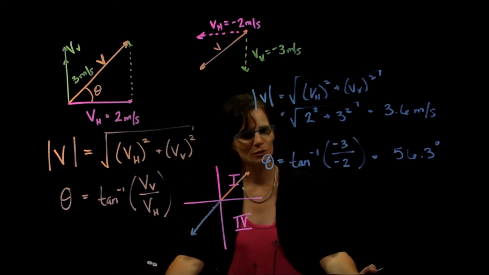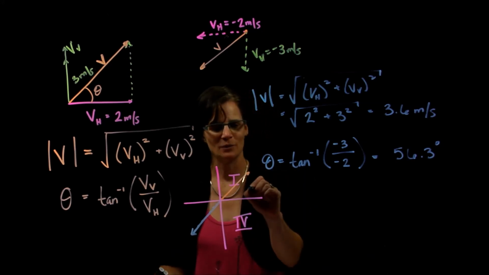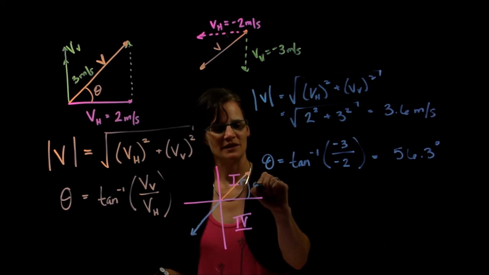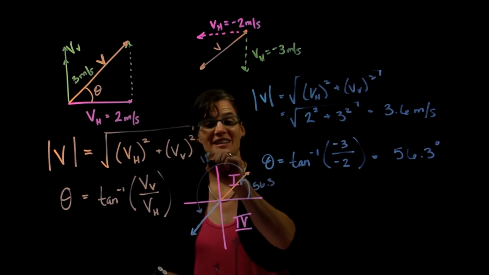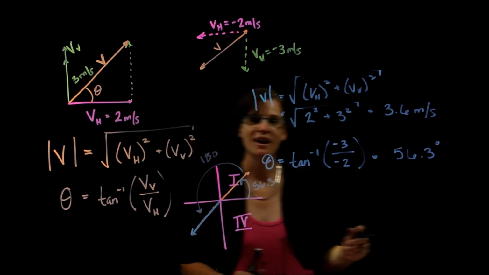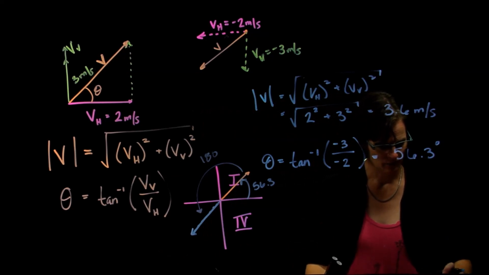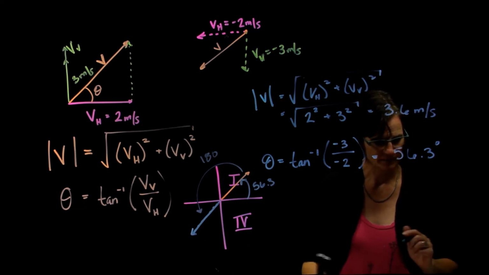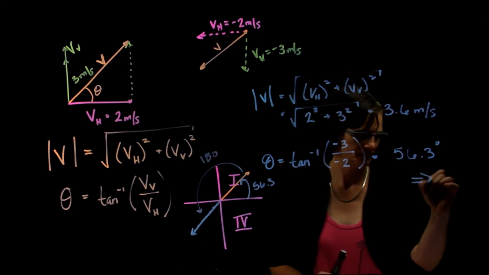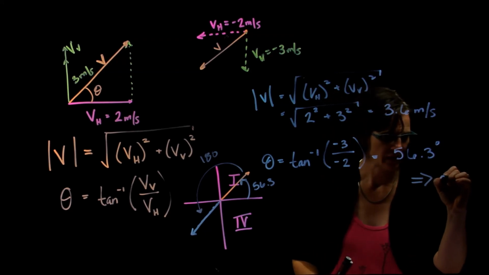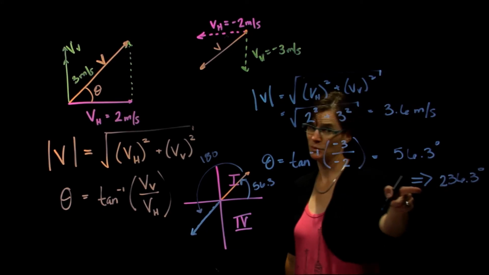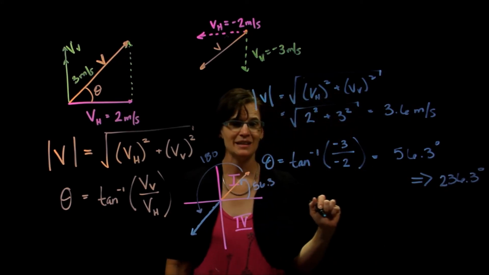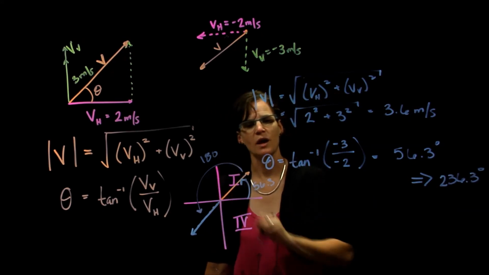And so to get the true angle, what do I have to do? Well, this was 56.3. This is 180. So I add 180 plus 56.3, and my true angle for this example is 236.3 degrees. And that is with respect to the positive x-axis. Now there's of course multiple ways to describe this angle.